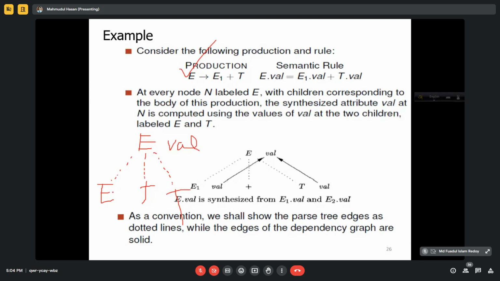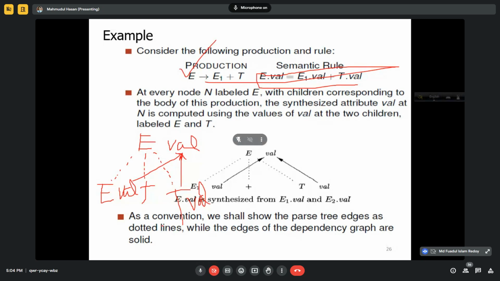For this E, the attribute value is BAL. For this T, the attribute value is BAL. And this E value depends on the E value and T value according to the semantic rule. Like that. So this is the formal way to represent a dependency graph.